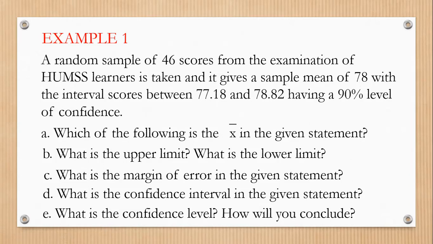We need to find first the margin of error by simply subtracting the lower limit and the upper limit. So UL minus LL equals, so the margin of error is 0.82.